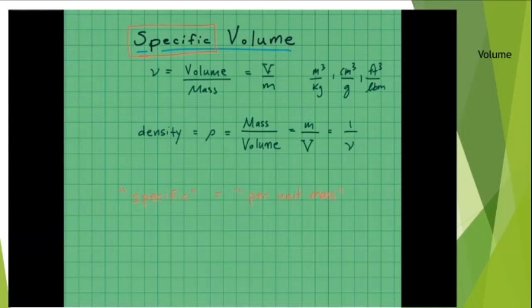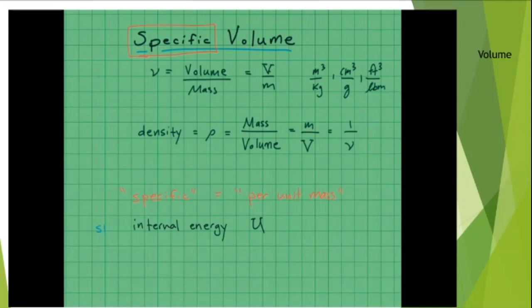So anytime you have a property that's divided by mass, it's called specific. So if you have internal energy, it would be represented by capital letter U in many textbooks.